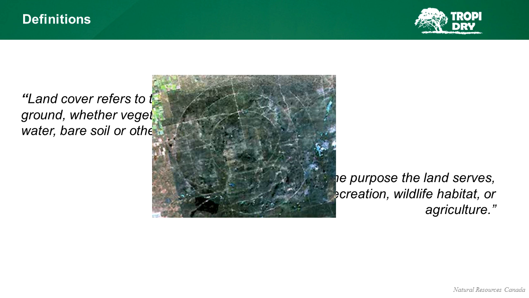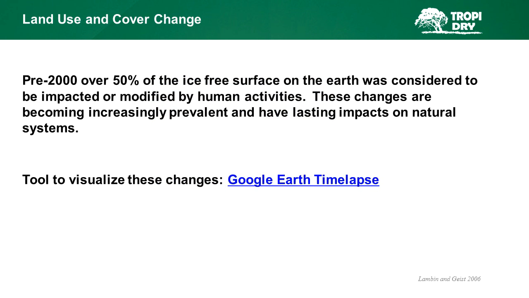Now that we have defined both land use and land cover, this brings us to why this topic is important. Humans have been modifying the land surface for hundreds of years, and at a rapidly increasing rate. Before the year 2000, over half of the Earth's surface not covered by ice and water had been modified, and this has increased since.